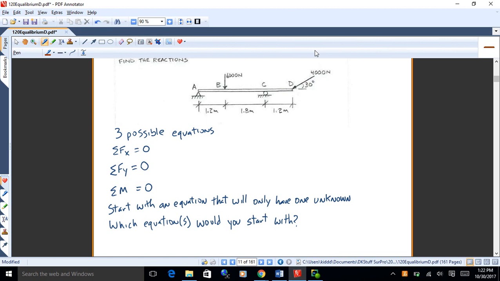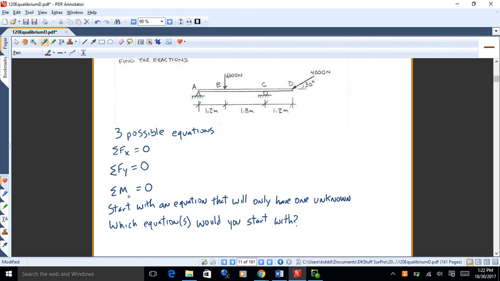Sum of Fx. Yeah, sum of Fx will get that for you. That'd be one equation you could use. Are there any places you could take moments about that would get you one unknown? Well, there's 4 forces that each act at different spots. Well, but some of those forces are known, though. Yeah, I think a moment about A might work.